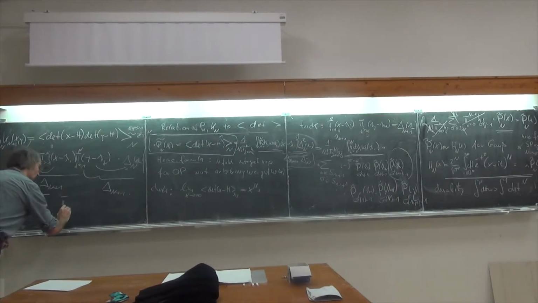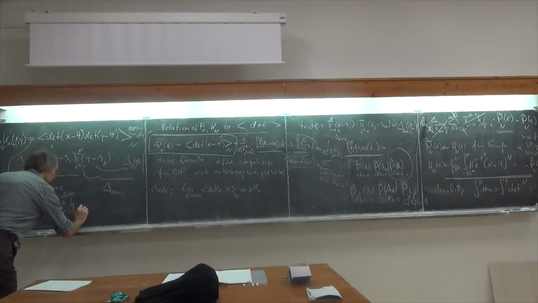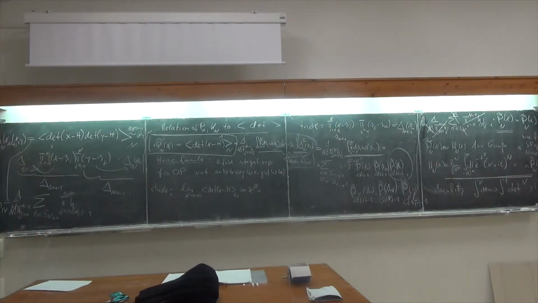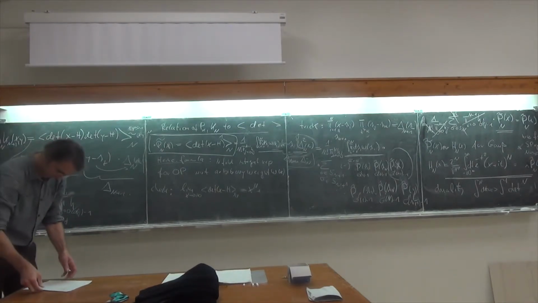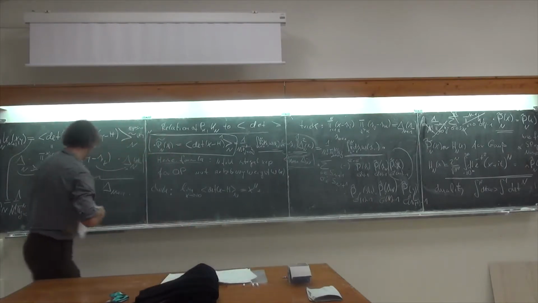So we get this from h sigma of j minus 1, where this index is... yes.